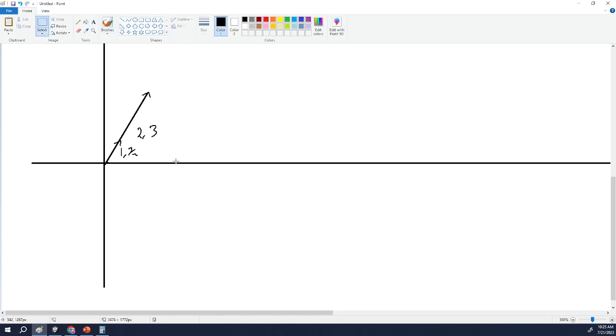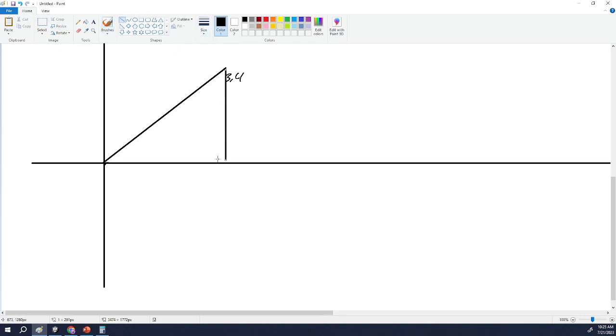So let's say we have a vector here of 3, 4. First, we need to get our magnitude. Magnitude, simply just it's like our Pythagorean theorem here.